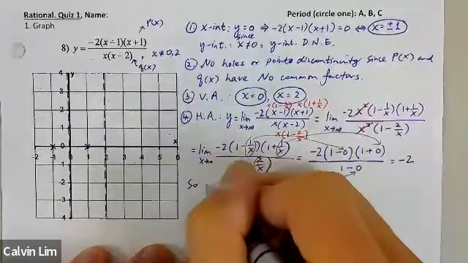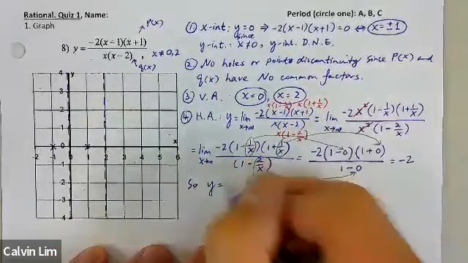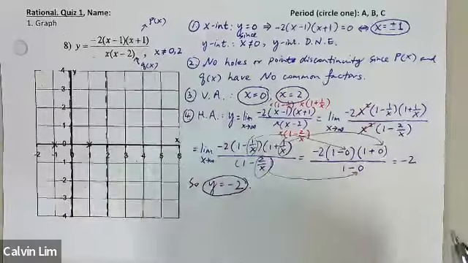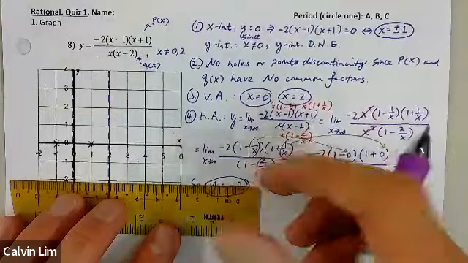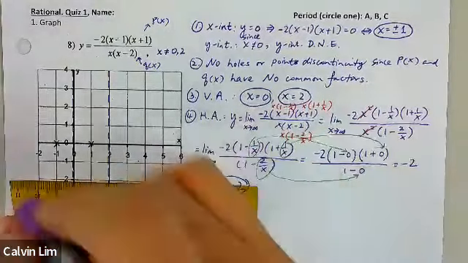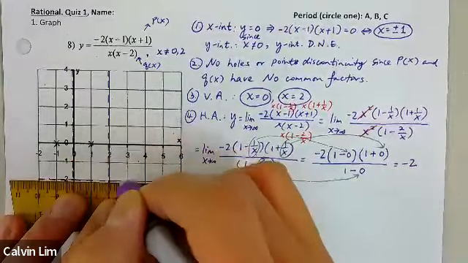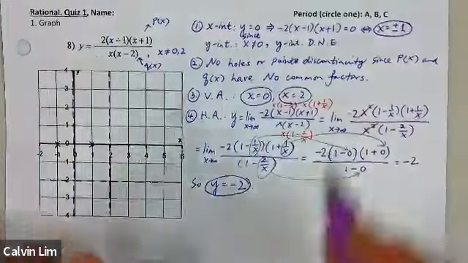So the horizontal asymptote has the equation y equals -2. You show it rigorously. Does it matter if you do it as x approaches positive or negative infinity? It doesn't matter, but if you were to just do one, show the positive infinity.